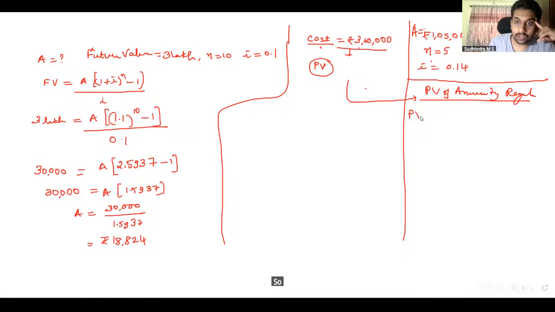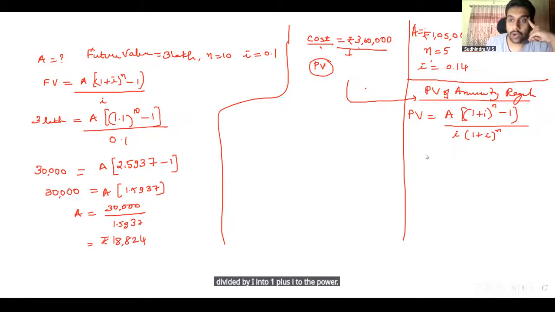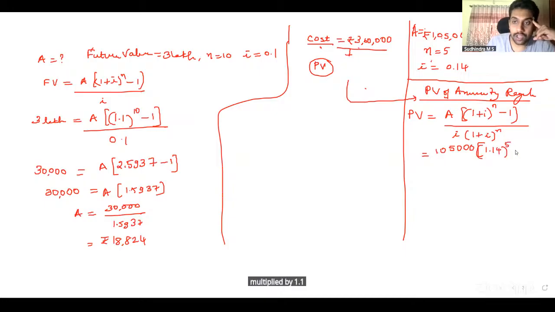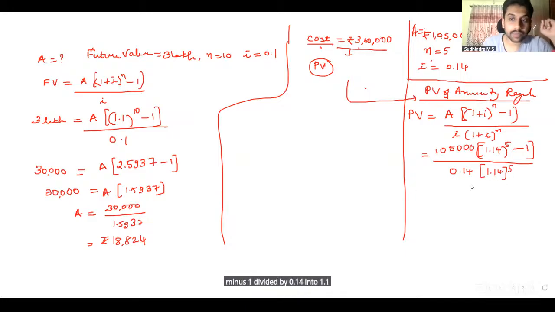So present value is equal to A into (1 plus I to the power n minus 1) divided by I into (1 plus I to the power n). So annuity here is 1,05,000 multiplied by (1.14 to the power 5 minus 1) divided by 0.14 into 1.14 to the power 5.